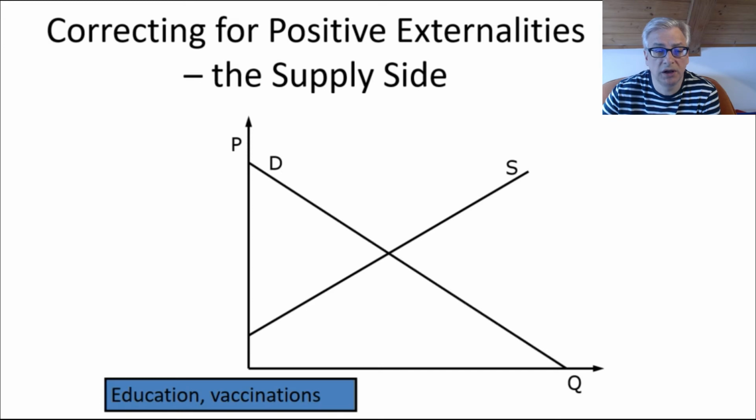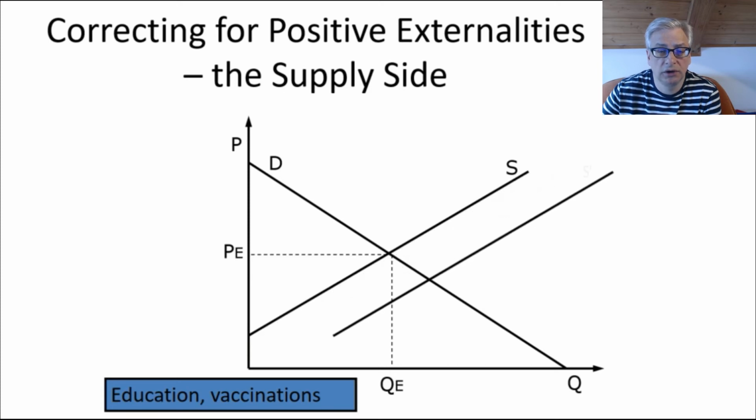So we've got supply, we've got demand, and we've got the equilibrium resulting from the location of those two curves. And then we subsidize the supply. It's like a negative tax, you know. It shifts the supply curve to the right.